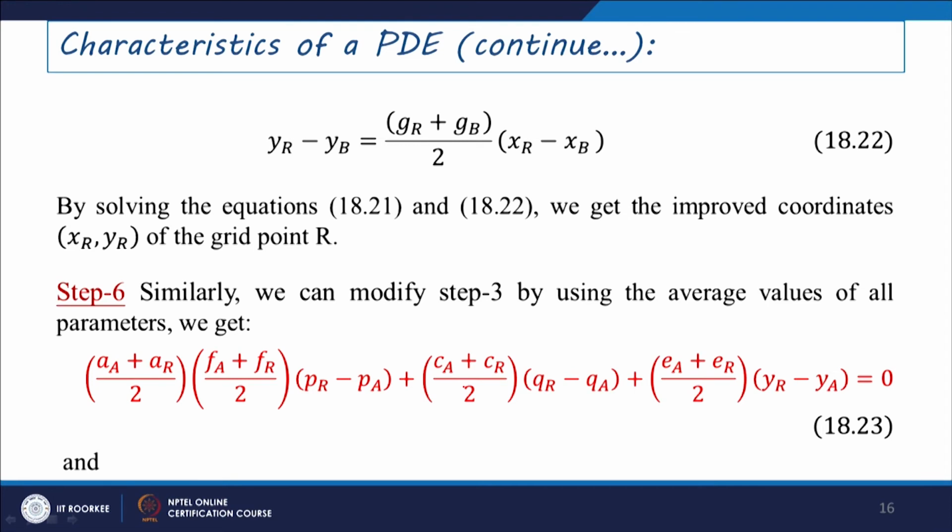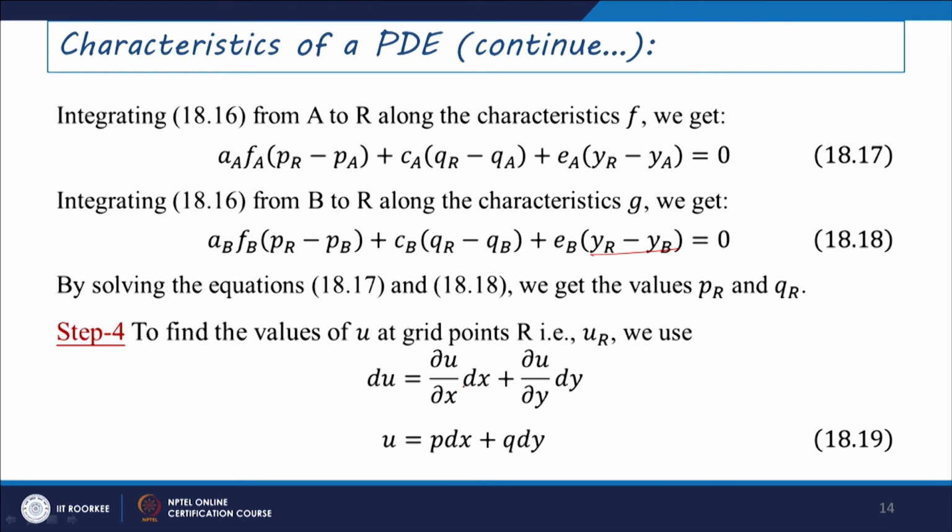Similarly, yr minus yb along the curve G can be written as (gr plus gb) by 2, the average of the g function at that point, into (xr minus xb). If we solve these equations, 18.21 and 18.22, we get the improved coordinates xr, yr of the grid point R. Similarly, we can modify step 3 by taking this average.